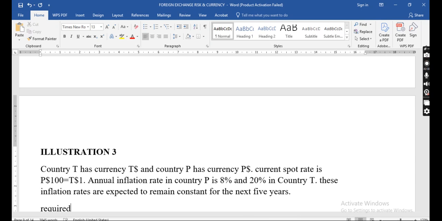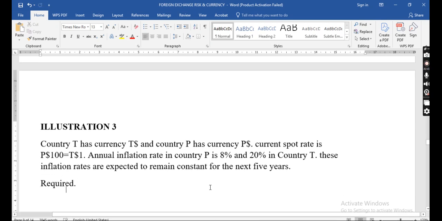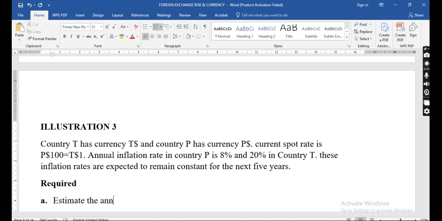Required: A. Estimate the annual rate of depreciation. Now we want to calculate depreciation, right? Estimate the annual rate of depreciation of T dollar.